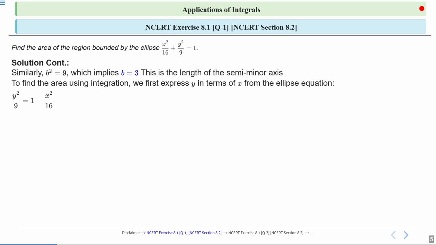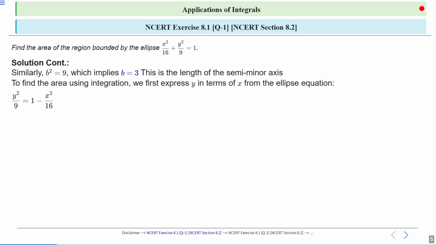So the area is given by a definite integral, because we take the vertical strip, with x lying from 0 to a. So we have to calculate the definite integral of y dx with limits varying along the x-axis.